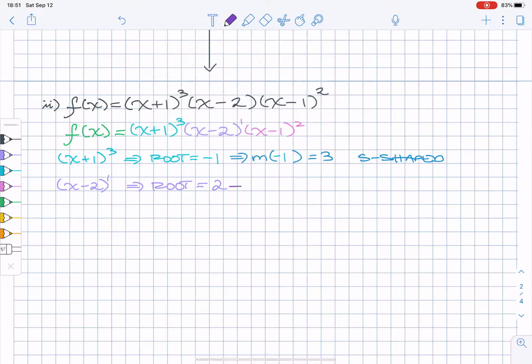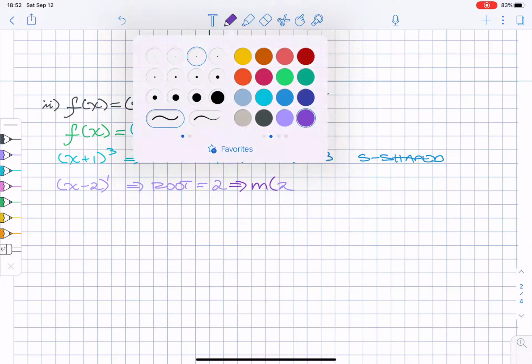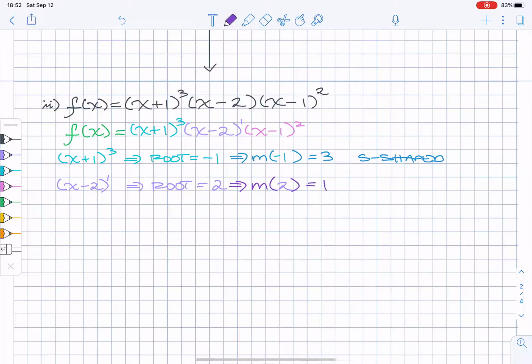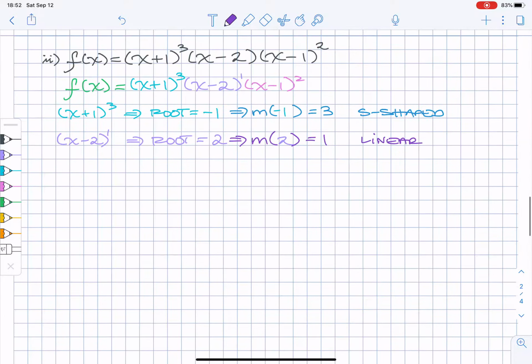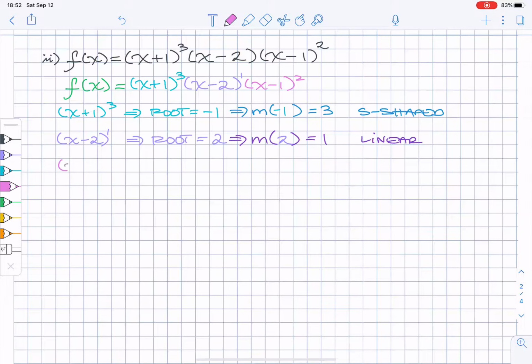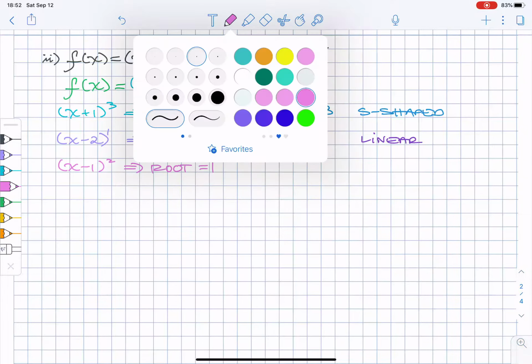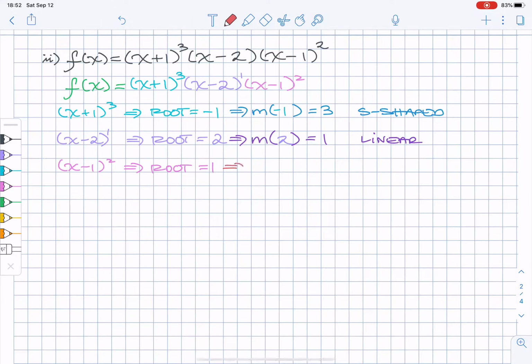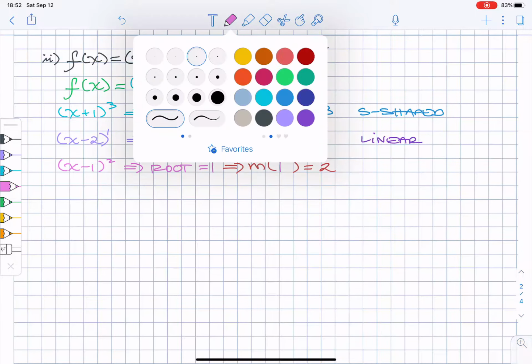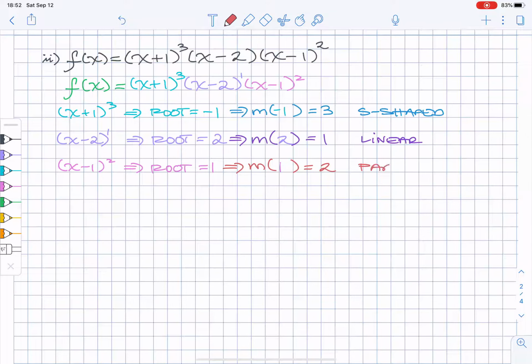And that means that the multiplicity of the root positive 2, which is the power, is 1. So we know that that's linear. And last but not least, we have x minus 1 quantity squared. So the root in this case is positive 1. And we see that the multiplicity on this root, positive 1, is 2. So we know that a multiplicity of 2 is parabolic.